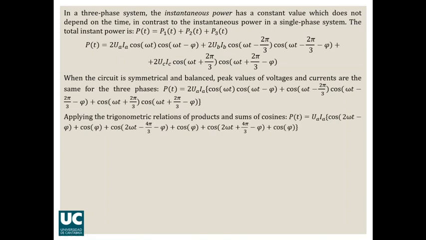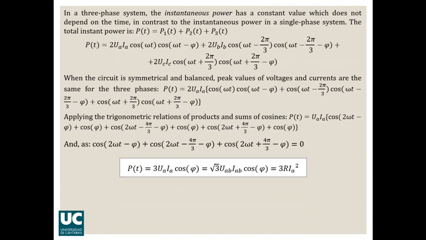If you remember some trigonometric relationships of products of cosines, then you can change the previous expressions to the following ones. And there you can see that the cosine of phi appears 3 times here. So if you continue applying some trigonometric relationships, you are going to get to this expression here.